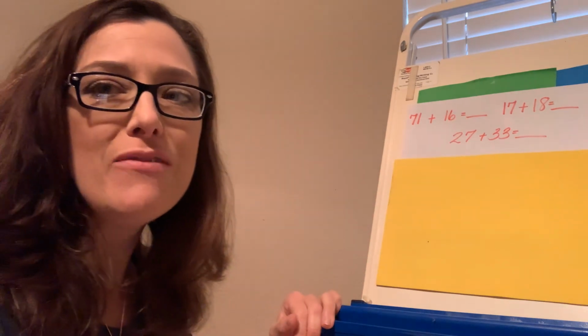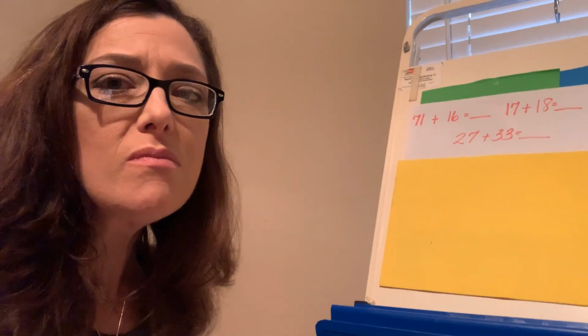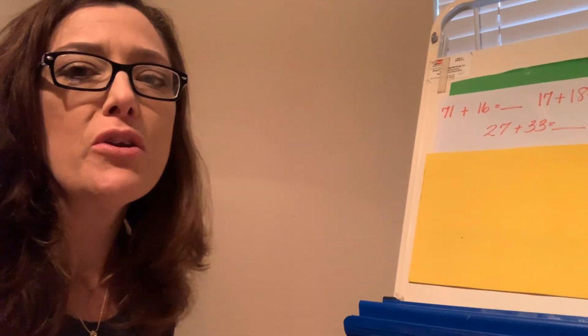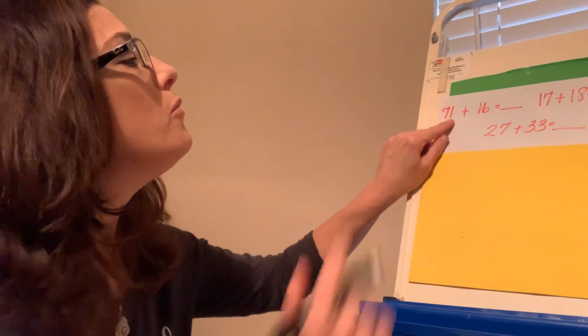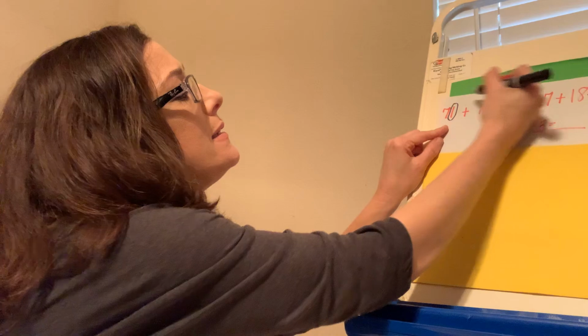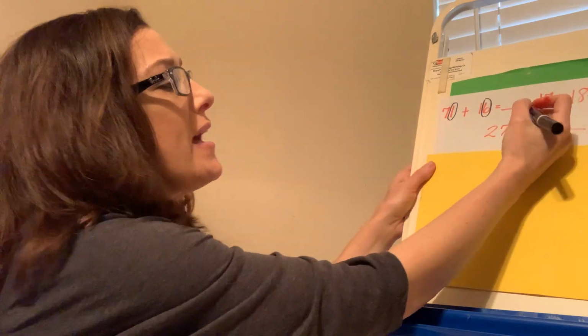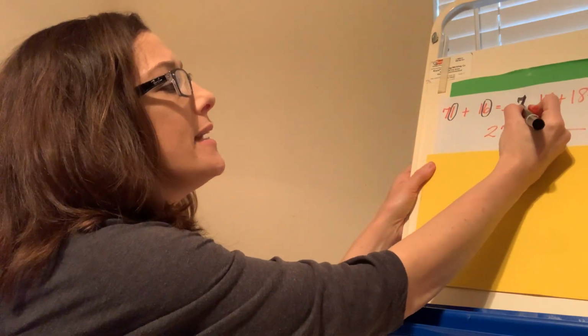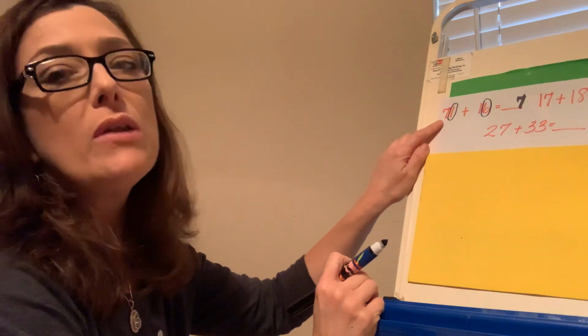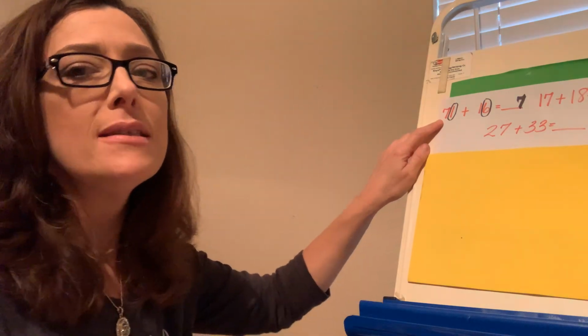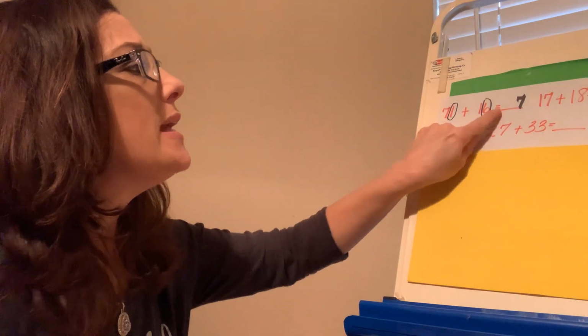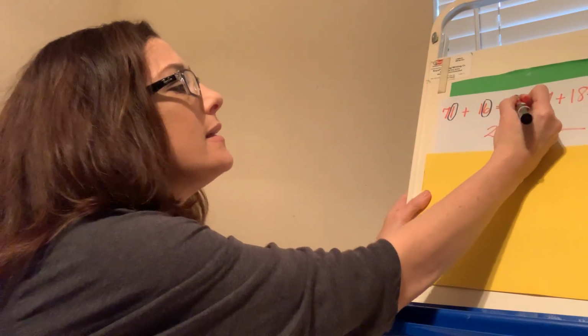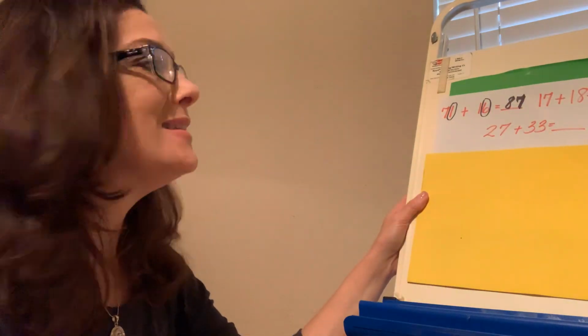If you have a sheet of paper beside you, you can work it out with me on your paper. Okay, I'm going to pick 1 plus 6 and solve that first, which is 7. Then I'm going to go add my tens digits. 7 plus 1 equals 8. So the sum would be 87.